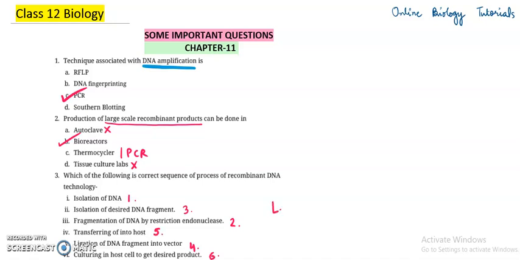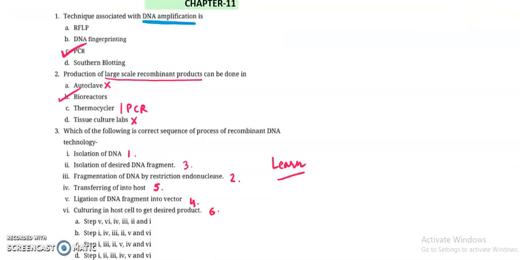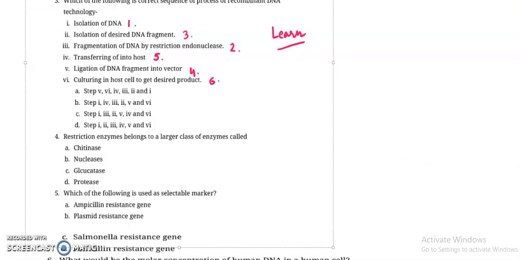So please do learn all these 6 steps because this is an important question. What are the steps of recombinant DNA process? If you go through the options, it would be 1, then 3 and 2. 1, 3, 2. That means this is the right answer.